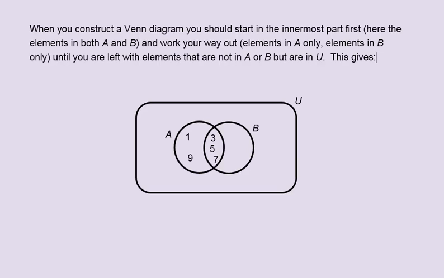Next, the elements that are only in B, which are prime numbers that are not odd, which is 2. Finally, the elements that are not in A or B: 4, 6 and 8. And there we have our completed Venn diagram.